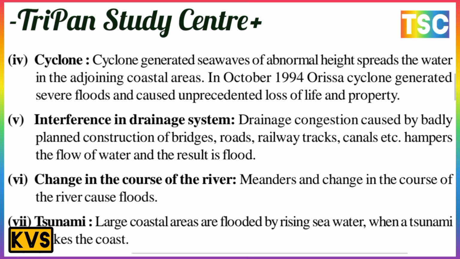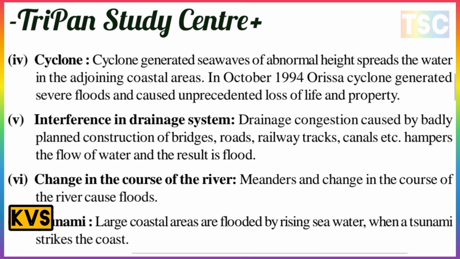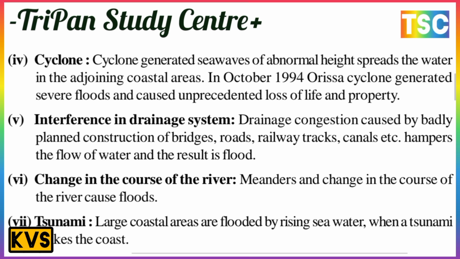The next cause is interference in the drainage system. Drainage congestion is caused by badly planned construction of bridges, roads, railway tracks and canals, which hampers the flow of water, and the result is flood.